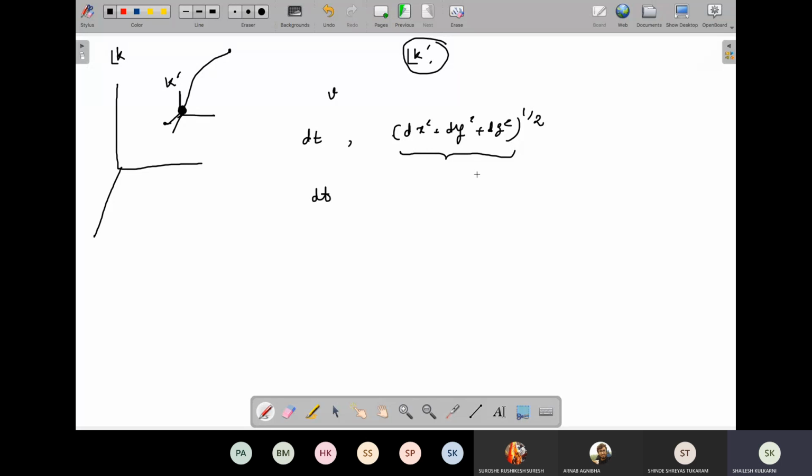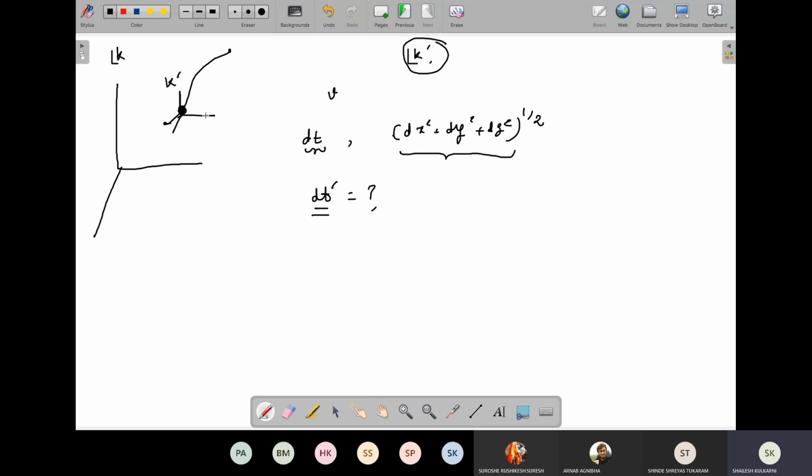So if the observer in the K frame notes this time difference dt for the particle to travel this distance, what will the observer in the K prime frame see? In other words, what time interval will the observer sitting on the particle note?